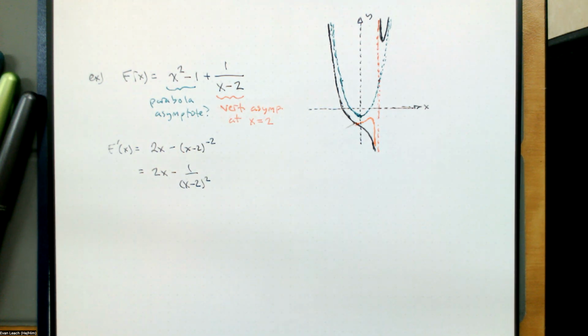So our critical points are where the first derivative is 0 or undefined. We see this critical point at 2. We knew that was going to be there because there's this gigantic vertical asymptote where things can change.